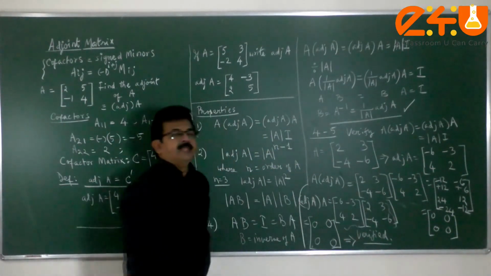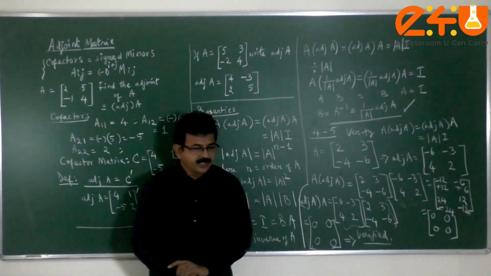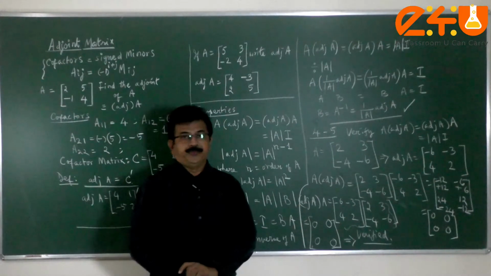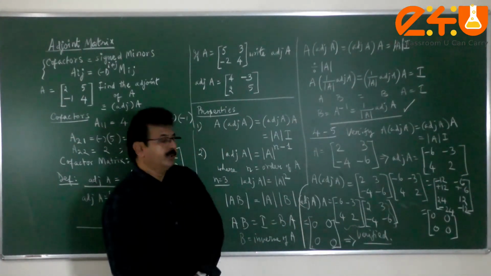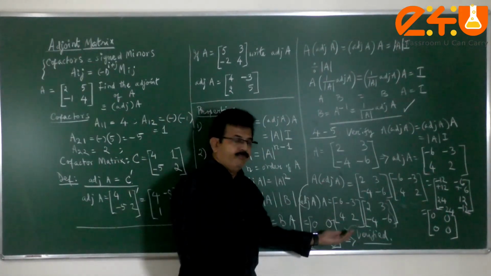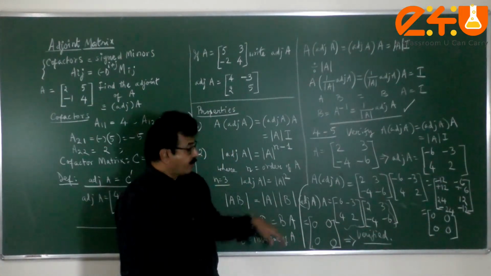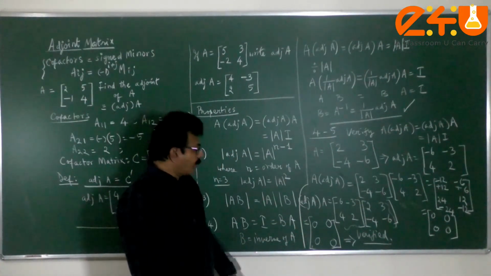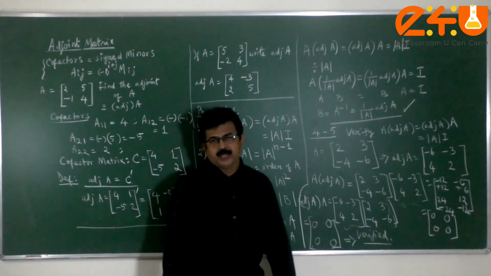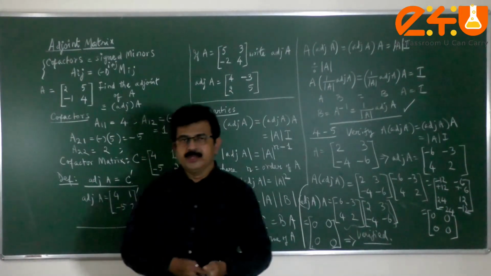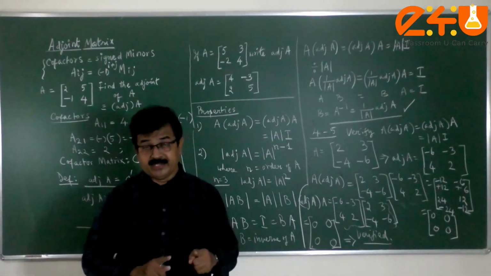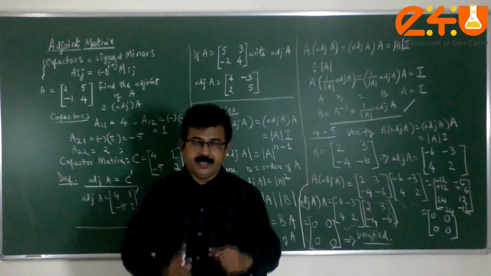That is A times of adjoint matrix same as adjoint matrix into A matrix. One more fact you have understood here. The two matrices, none of them is a null matrix, neither A nor adjoint A, but the product is a null matrix. So probably the students can remember or store this as an ideal example where either of the matrices are not null matrices, but the product happens to be a null matrix.